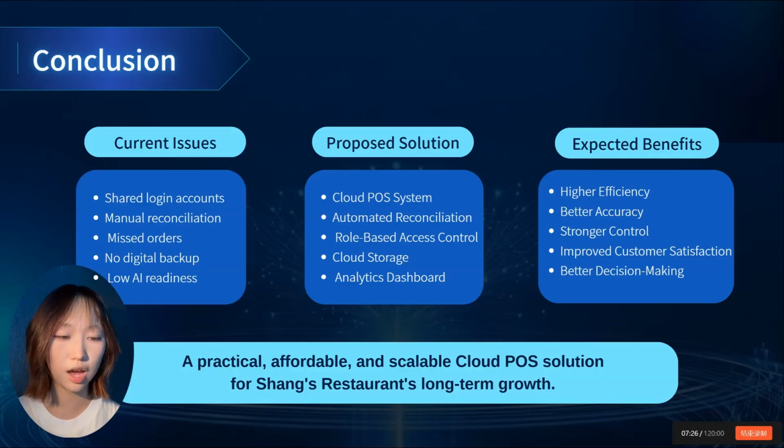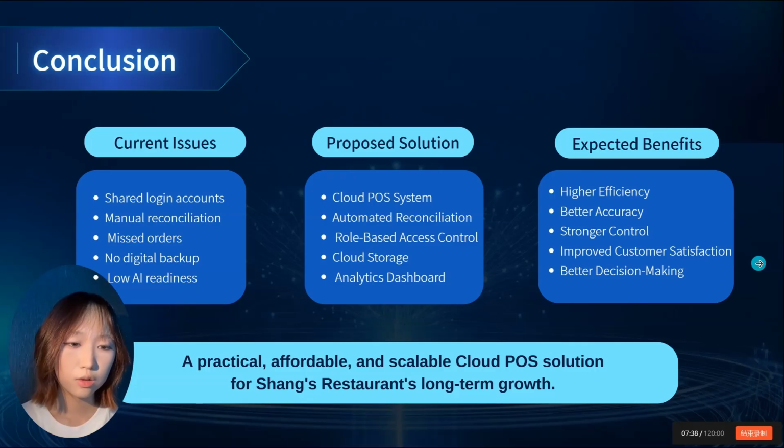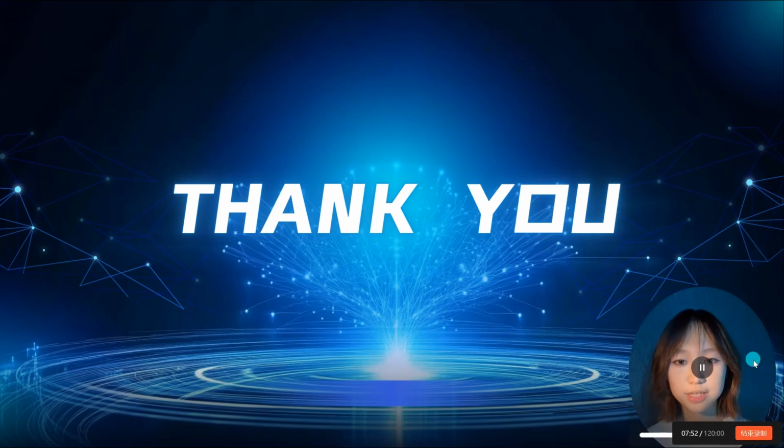These improvements are expected to deliver significant benefits, including higher efficiency, better accuracy, and stronger internal controls. Overall, the proposed solution is practical and affordable, making it suitable for supporting Sean's restaurant's long-term growth and digital transformation. That's all for our group presentation.